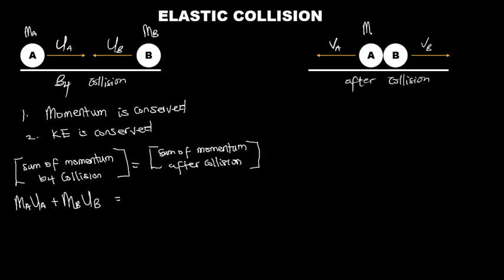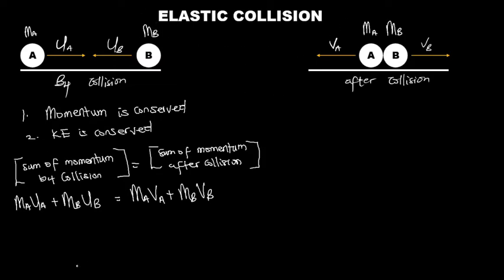So the body still has what? Mass of MA then MB respectively over here. So the momentum after collision becomes MA VA plus MB VB. So this becomes the conservation of the momentum. That is the characteristic of an elastic collision.